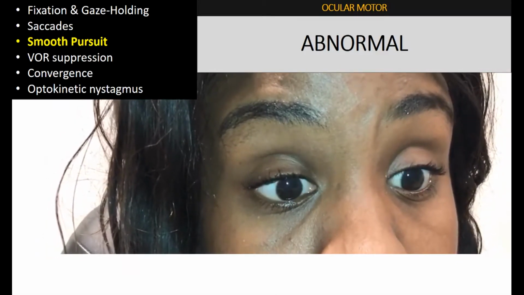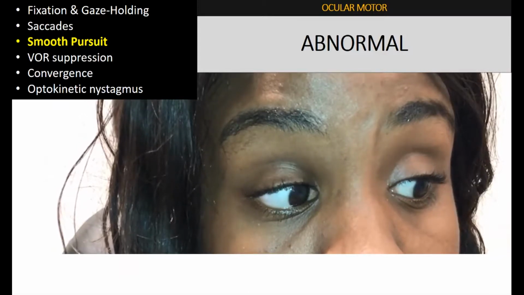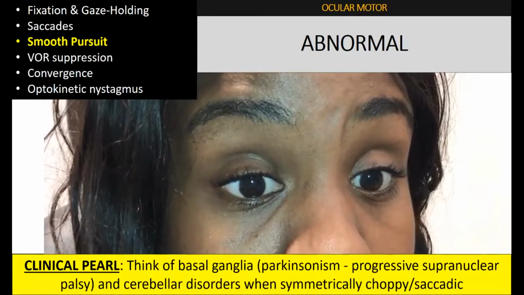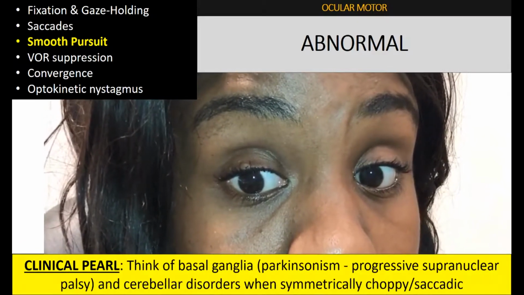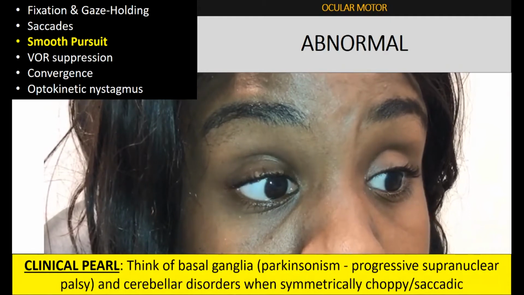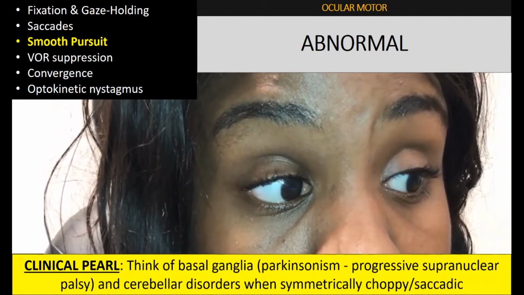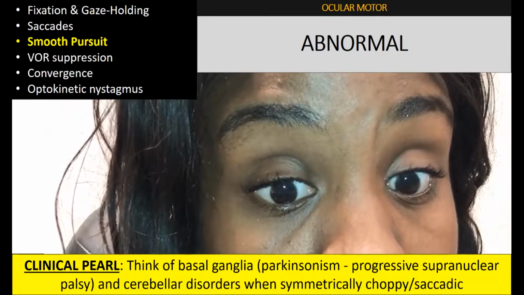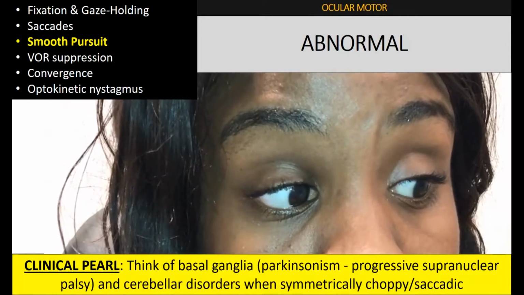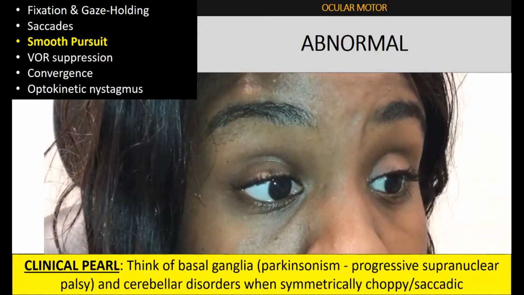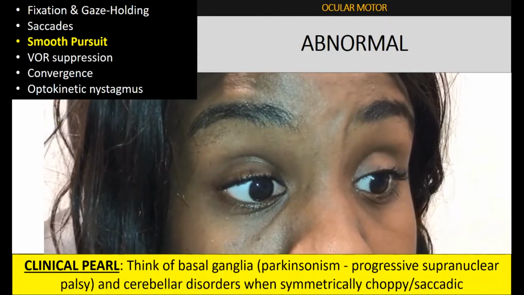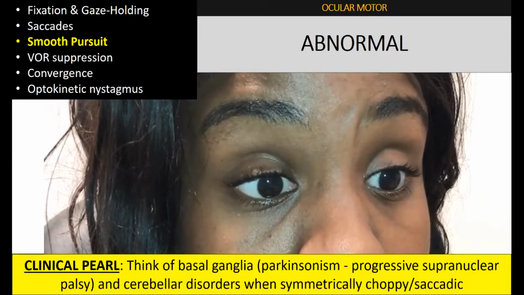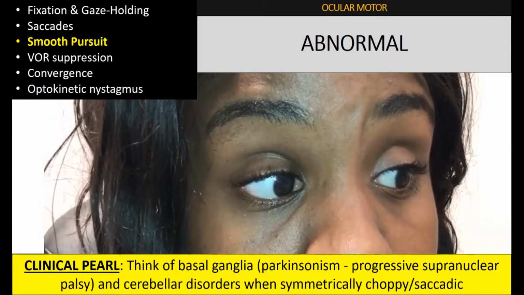So this suggests that there is a vestibulo-ocular reflex to suppress. If the smooth pursuit looks very saccadic, very choppy, and the VOR suppression looks a lot better, that implies that there's no VOR to suppress and that the patient probably has significant vestibular loss. So again, if the pursuit is choppy, VOR suppression should be just as choppy unless there's no VOR to suppress.